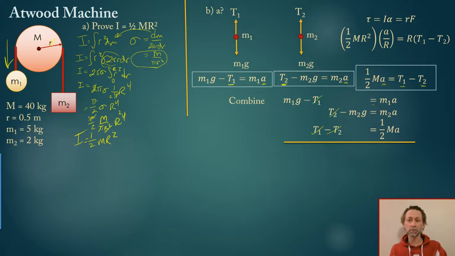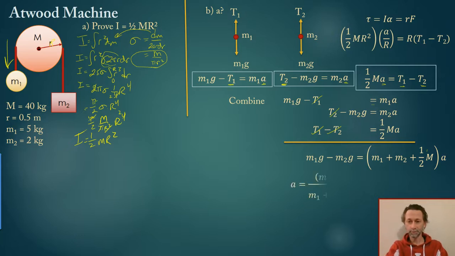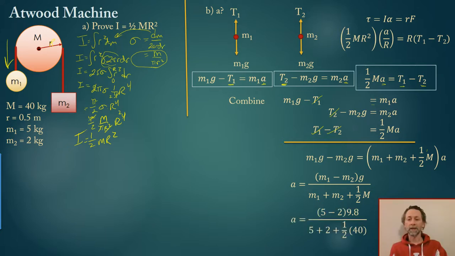Both of those cancel out, and I'm left with this equation that is M1G minus M2G is equal to the sum of all of these masses, half of the big mass, and pulling out the A value. From there, I can simplify solving for A, so divide both sides by what's in the parentheses here, and then I can plug numbers in and solve, and we get an acceleration of 1.088 meters per second squared.